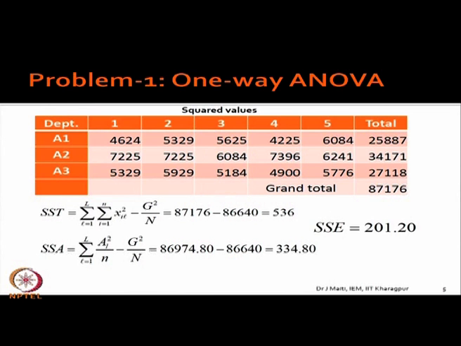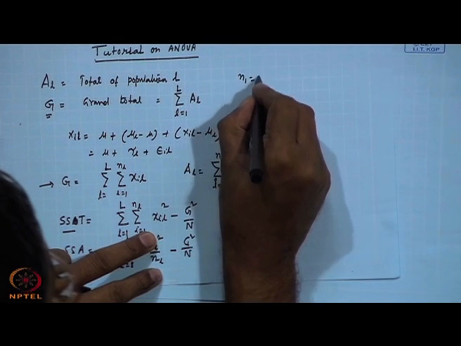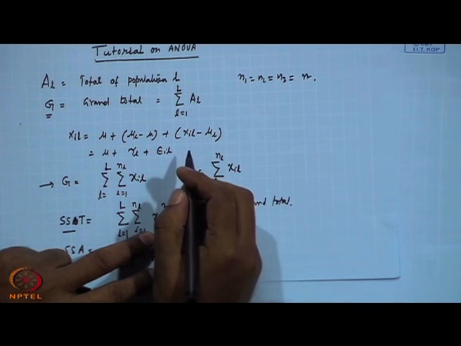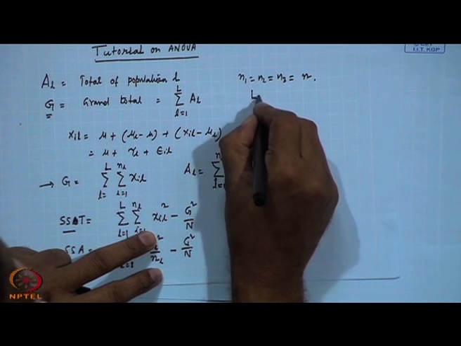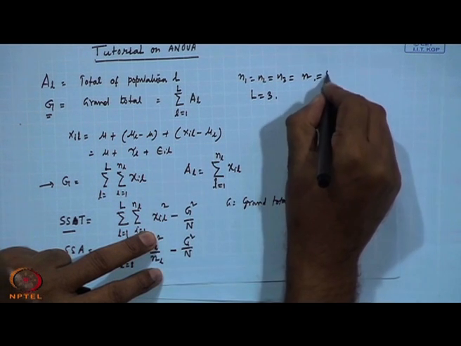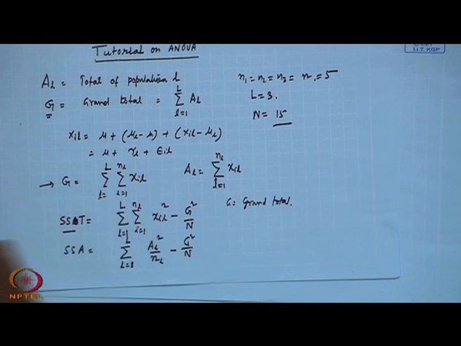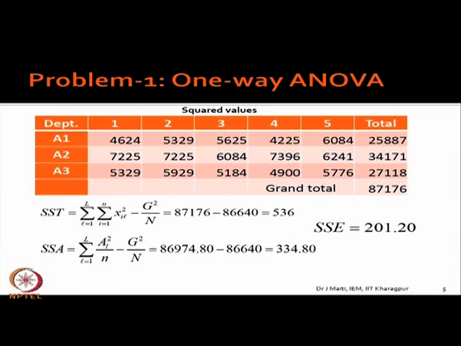So, here in this case our N1 equal to N2 equal to N3 equal to N, and L equal to 3 and N equal to 5. So, capital N will be 15. That is why G square by N is 1140 square by 15, and this quantity is 536.